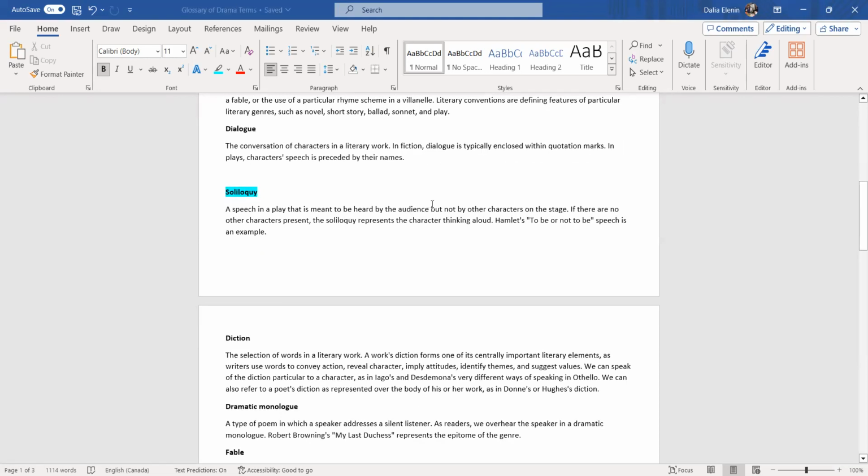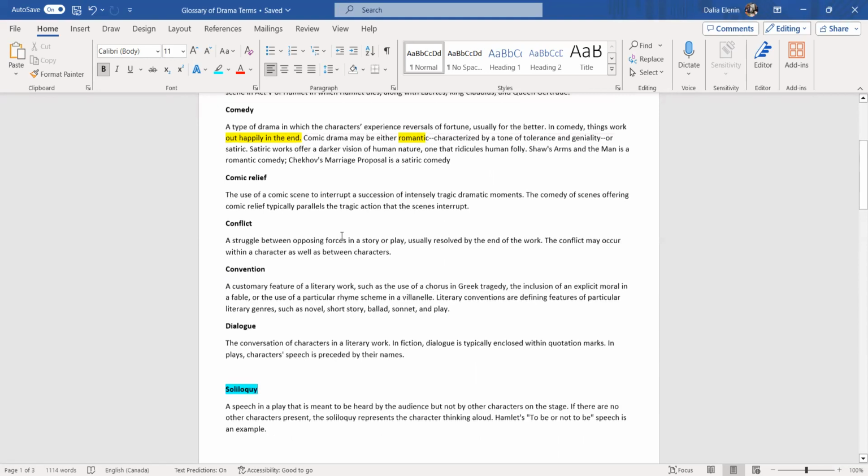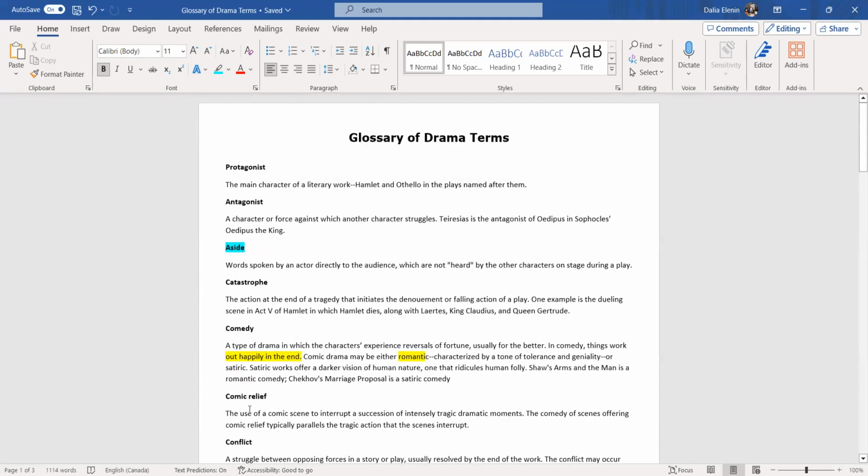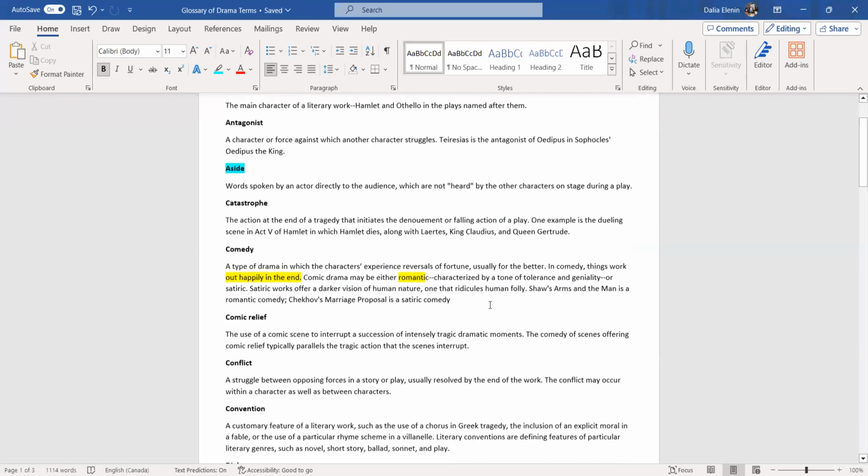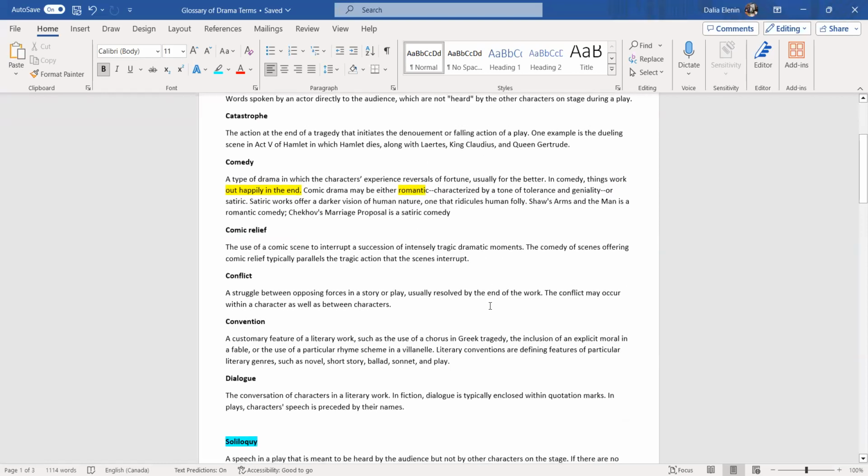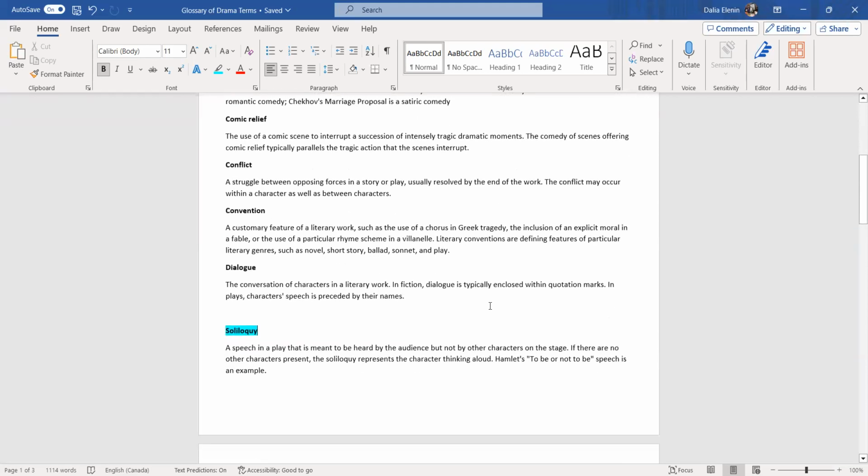However, the audience, not other characters, can hear it, but again, it is meant to be something inside the head of the character. It's as if the character is thinking in a loud voice. This is the character speaking to the audience, or as if speaking to themselves.